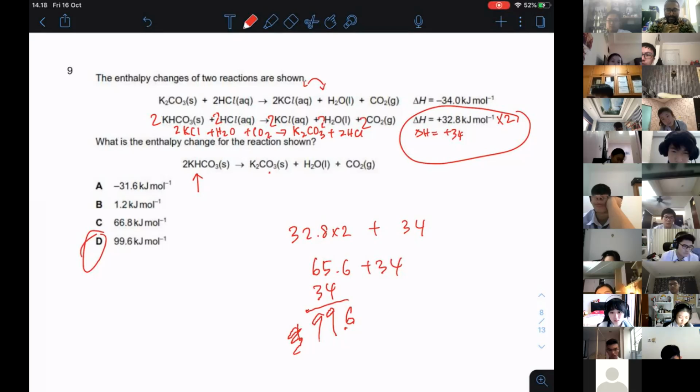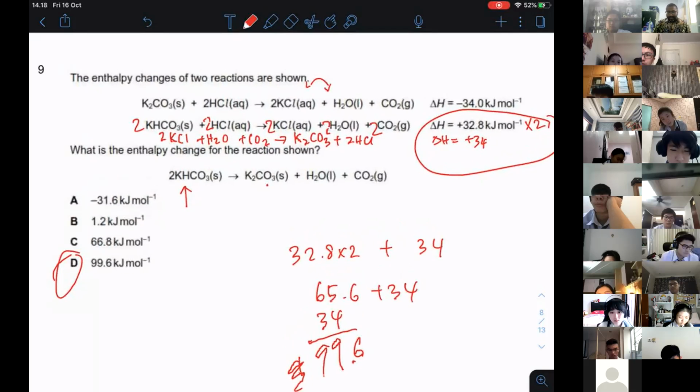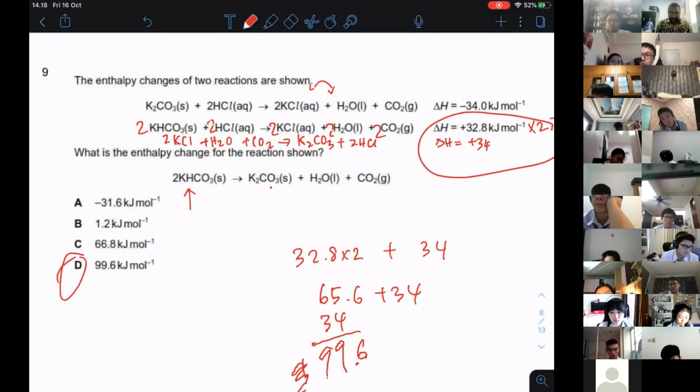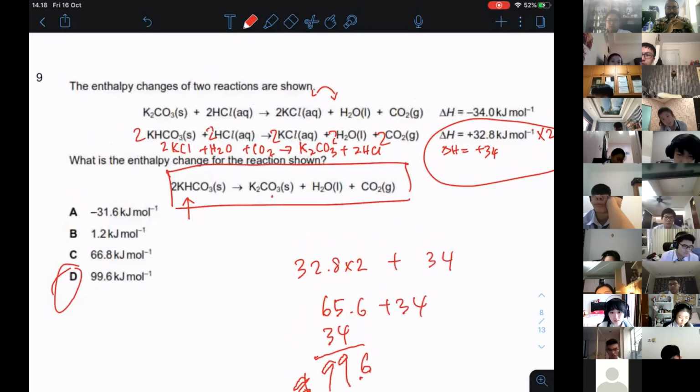Sir, I don't understand how this works. Can you explain again? Christopher, which part don't you understand? Why I times by 2, and why flip the equation I wrote in red? So, whenever we do this kind of question, this is our final thing that we want to achieve, the one that I put over there.